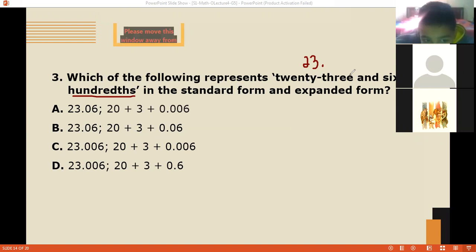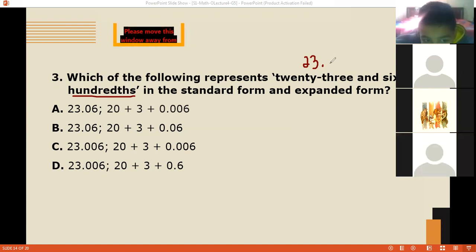Miss, can I? 23.6. Focus with me, Rena, answer my question. If I have 600, how many dashes do I need to put? If I have the hundreds digit, the hundreds column, how many digits do I put after the point? 3? 2 dashes, one for the tenths and one for the hundredths.